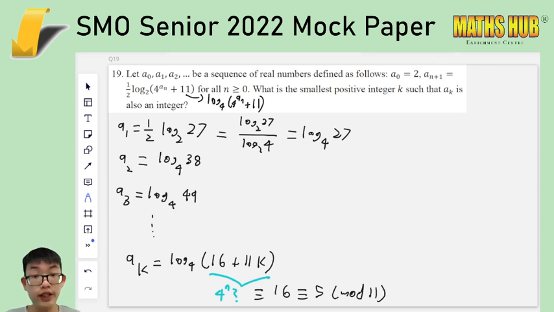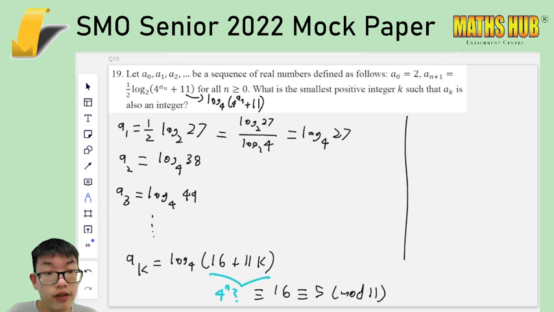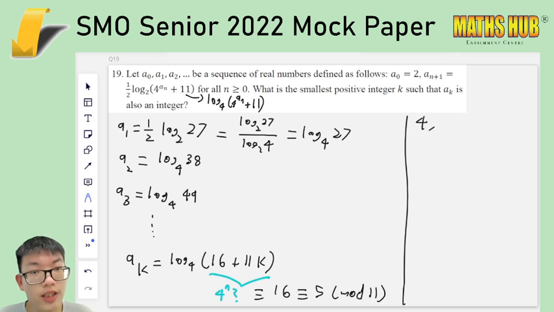The answer is that we can write down the pattern for powers of 4 mod 11. So you go 4, then 16, which is 5, we already knew that. 5 times 4 is 20, so that would be 9. 9 times 4 is 36, that would give me 3. 3 times 4 gives me 12, which is 1, and then back to 4 and 5 again.